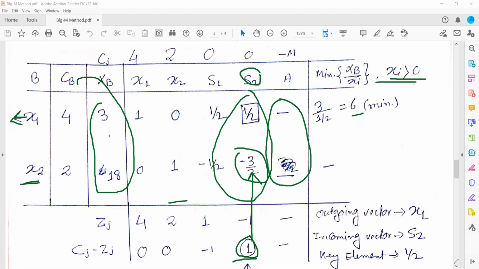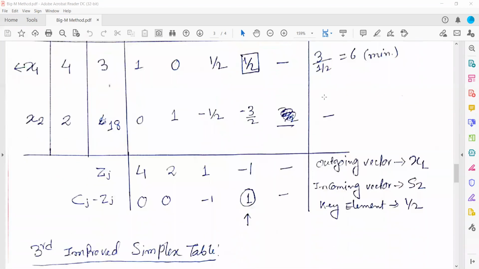So this time S2 is the incoming vector and X1 is the outgoing vector. And the key element is 1 upon 2. So in the next simplex table, this 1 upon 2 should be changed to 1. So you need to multiply this whole row by 2.